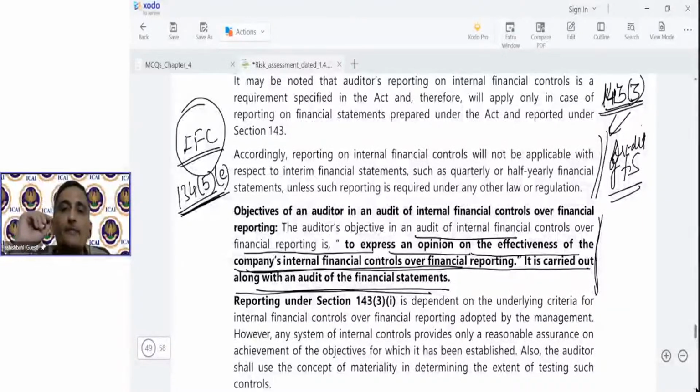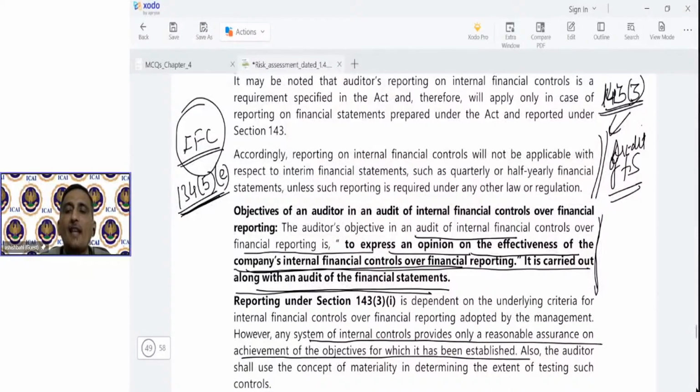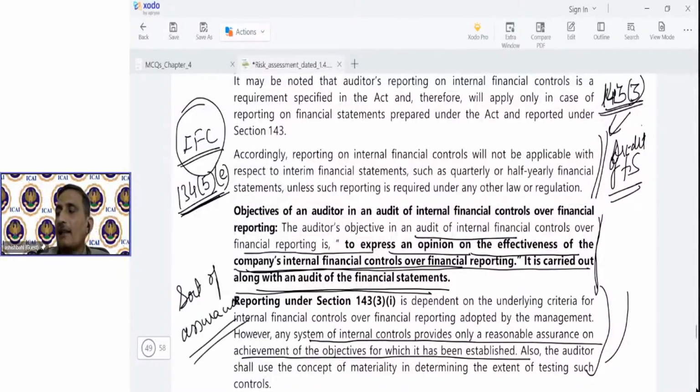Okay. Clear, guys? So it provides only a reasonable assurance. Obviously, any sort of assurance in auditing is reasonable, as you know, guys. It is always a reasonable assurance.